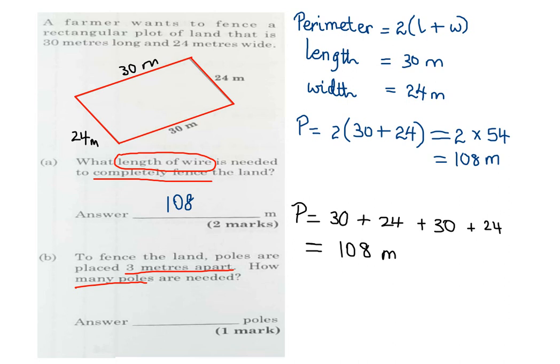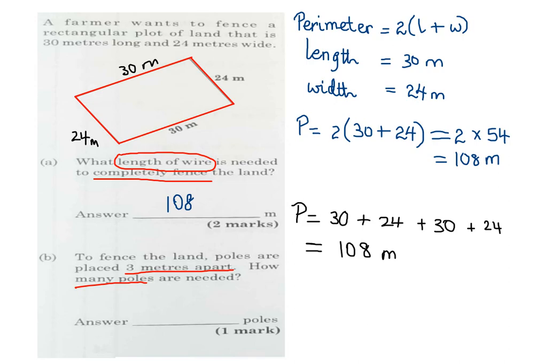So let's just try to visualize that first and foremost, right? One of the things I want to say is this. You see, we could use the fact that we have the perimeter and just divide it by 3 and we'll probably get a number for what we could assume is the number of poles, right?